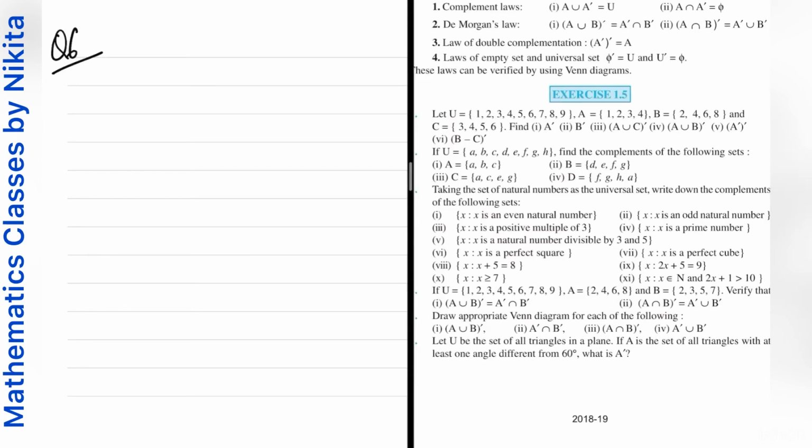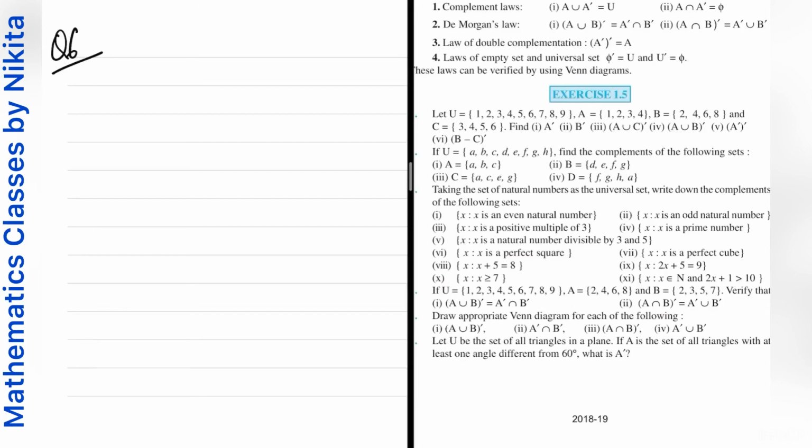A is the set of all triangles with at least का मतलब एक या एक से ज़्यादा एंगल 60 डिग्री नहीं है. उसके अंदर वही सारे ट्राइंगल्स हैं जिनका एक एंगल या दो एंगल या तीनों के तीनों एंगल 60 डिग्री नहीं है. आराम से समझ लो, ए के अंदर वो सारे ट्राइंगल्स हैं या तो उन ट्राइंगल्स का एक एंगल 60 डिग्री नहीं है, या तो उन ट्राइंगल्स के दो एंगल 60 डिग्रीज नहीं है, या तो उन ट्राइंगल्स के तीनों एंगल 60 डिग्री नहीं है.